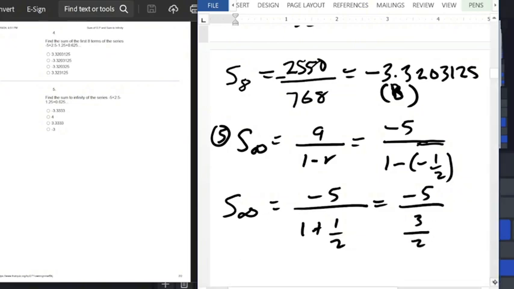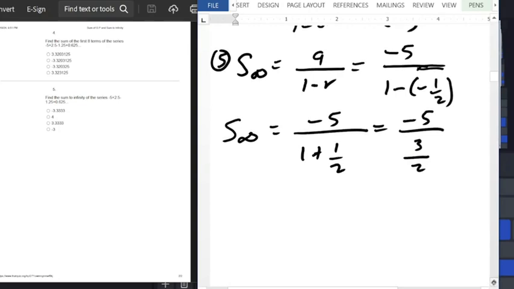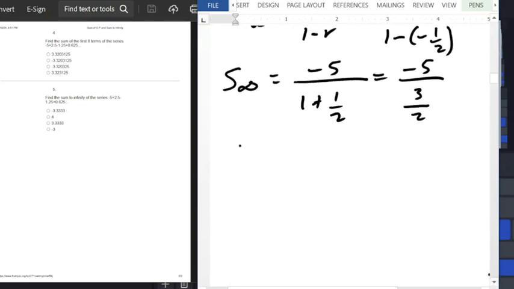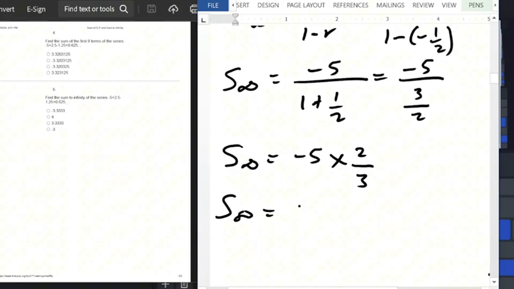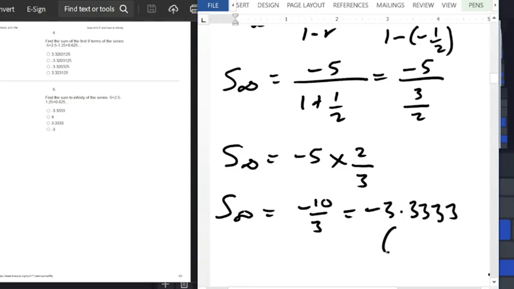So S infinity equals minus 5 multiplied by 2 over 3, which is minus 10 over 3, that is minus 3.3333, which is option A.